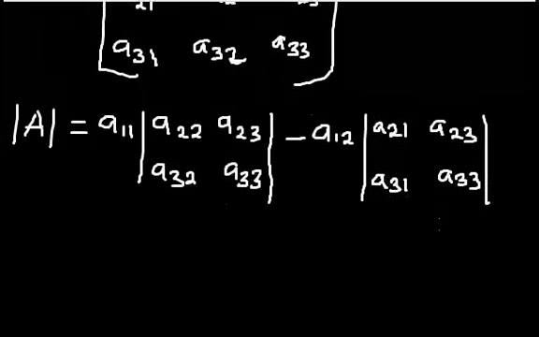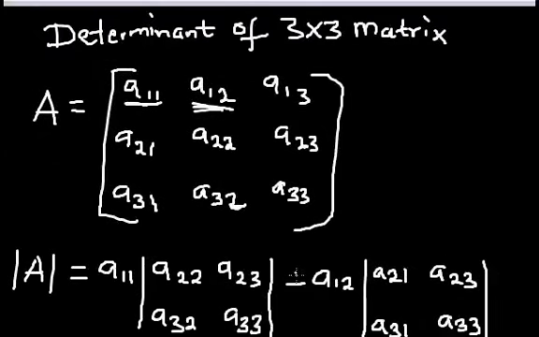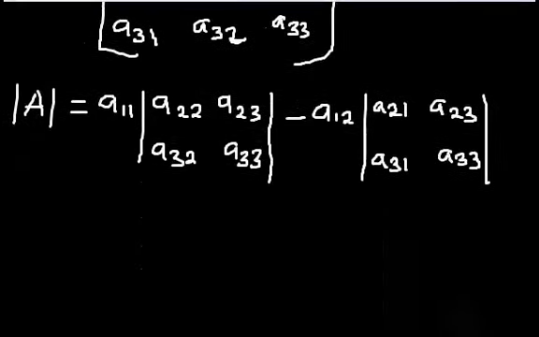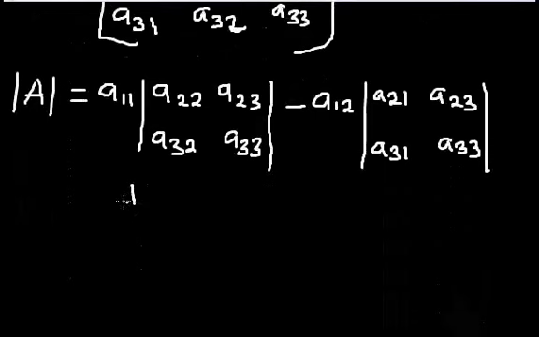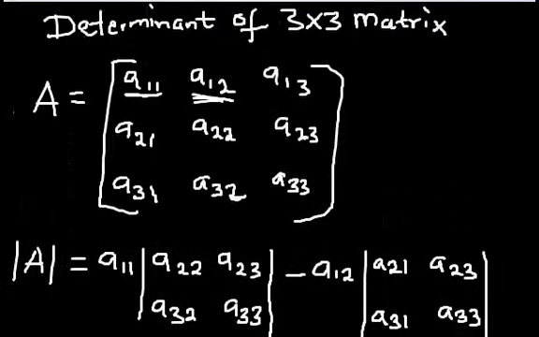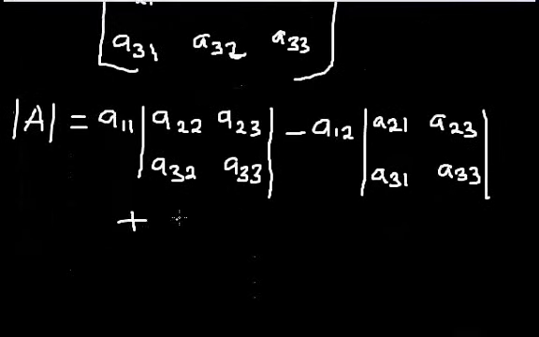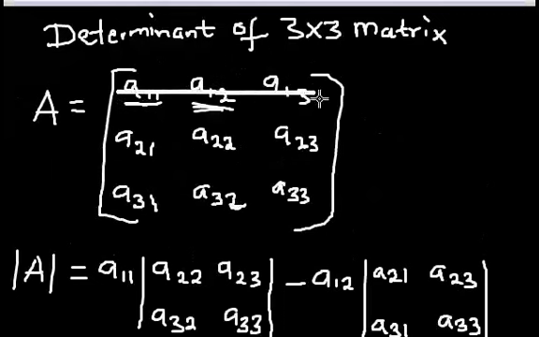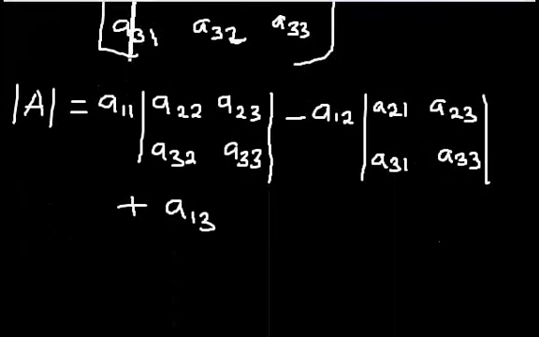Then for the next element, since I've used minus, the next will not be minus. It starts with plus, minus, plus. It will always start with plus. So then plus, the next element is A13. Let's do the same thing. Cross out, and of course, you can always do this roughly, so that you get your corresponding 2 by 2 matrix.